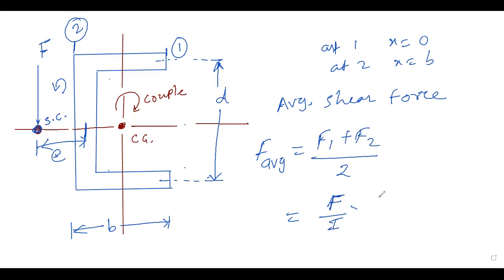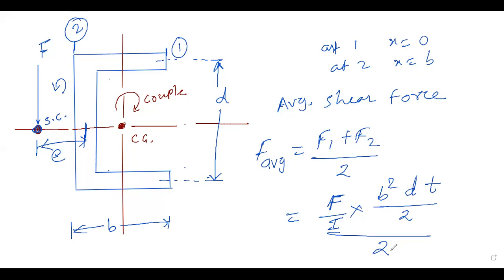So after simplifying, F by I into B square into D into T divided by 2, divided by 2. Okay, refer to the equation of F max, F by I, D into X divided by 2 into T into B.